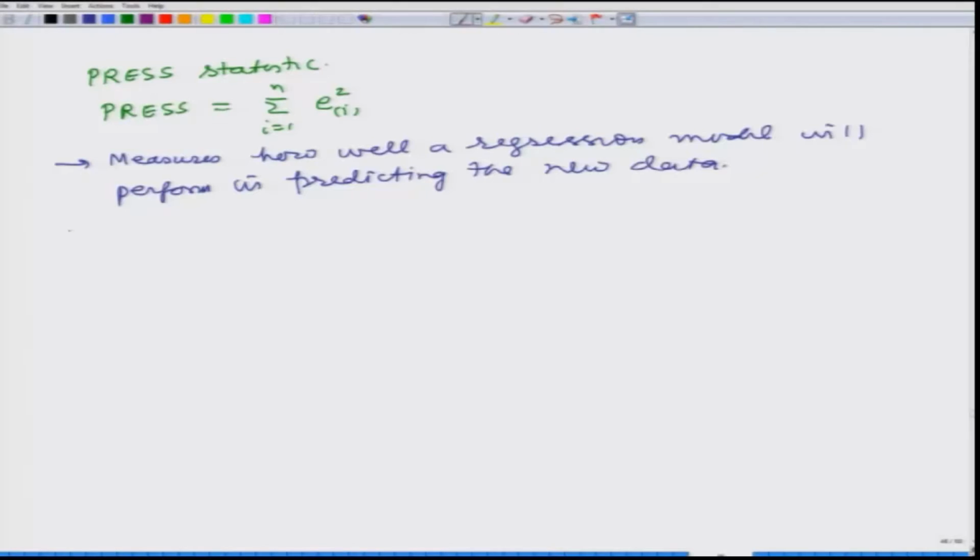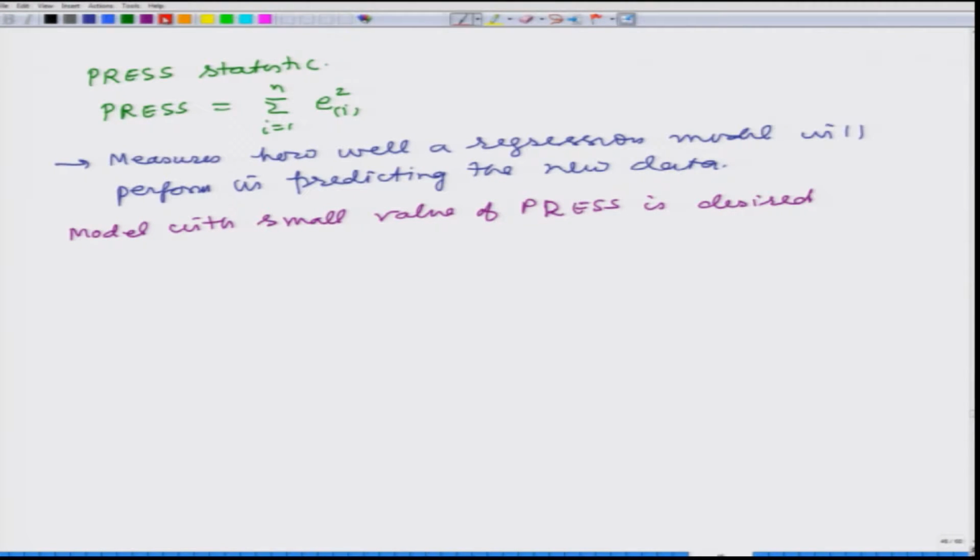And in this case, a model with a small value of PRESS is desired.